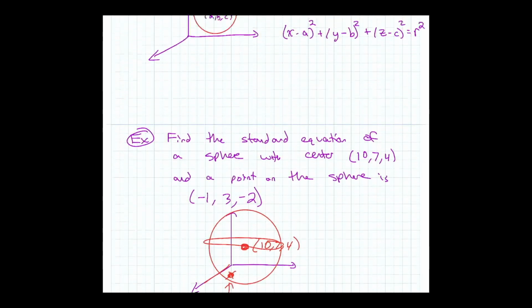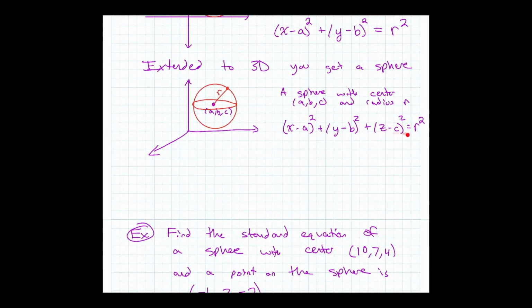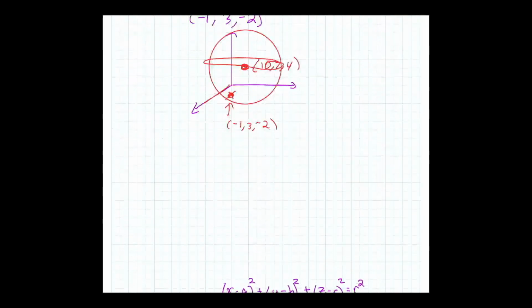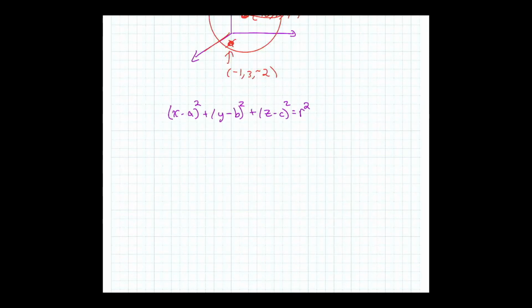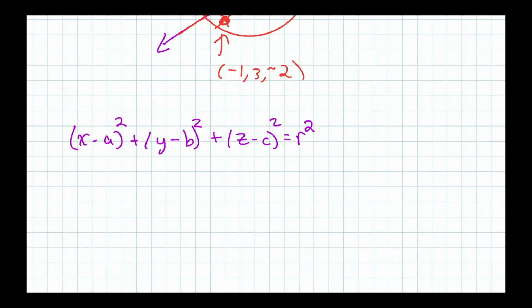Now, how would you actually come up with the equation? Well, you start with your equation for a sphere, right? So we just take this and start with your equation. Now, we know that A comma B comma C is the center. So fill in the center.